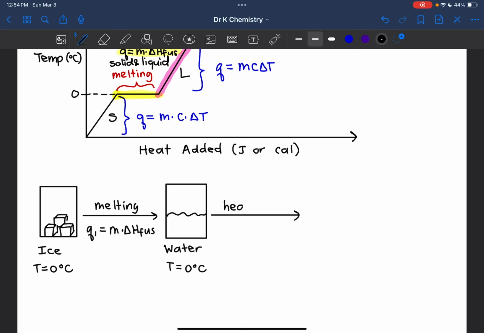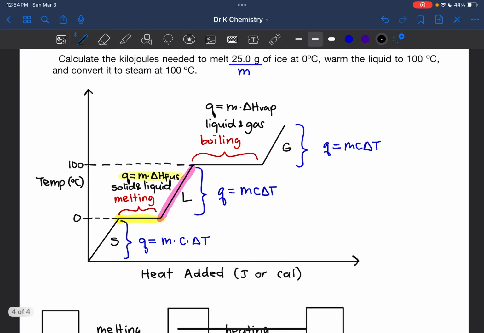So here we are heating. And the equation for that part is mc delta T. And that will take us into hot water. So now that water will be at 100 degrees Celsius.